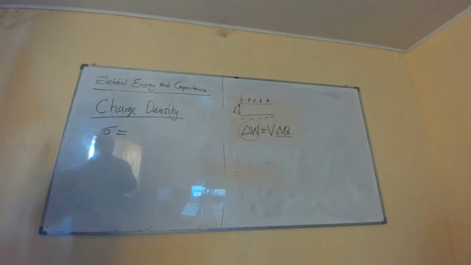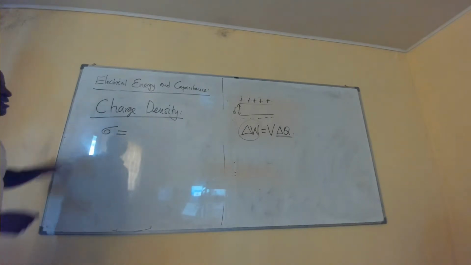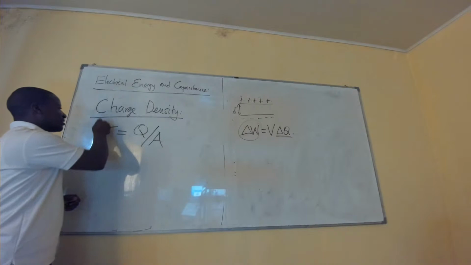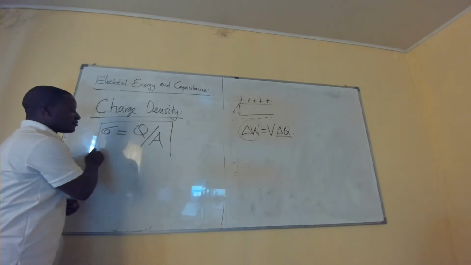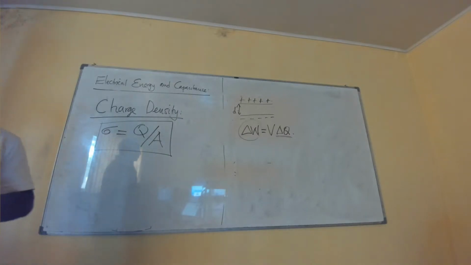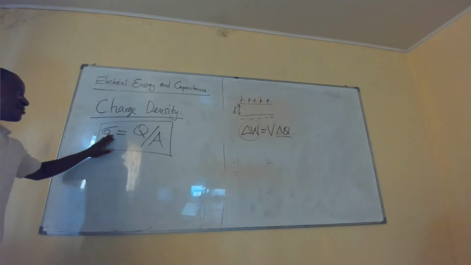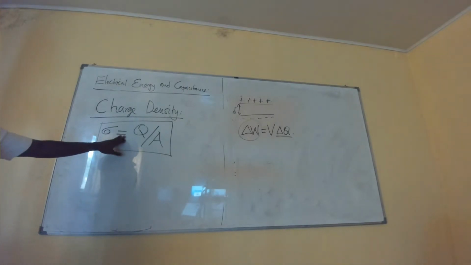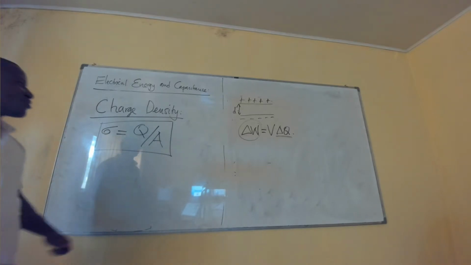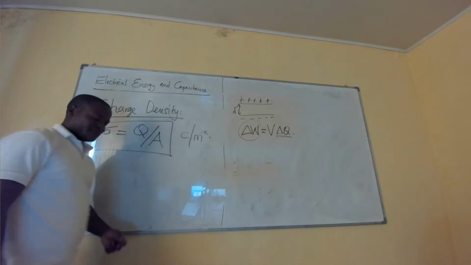Charge density is nothing but the amount of charge per unit area, which is sigma equal to charge over area. And the units, of course, is coulomb per meter squared.